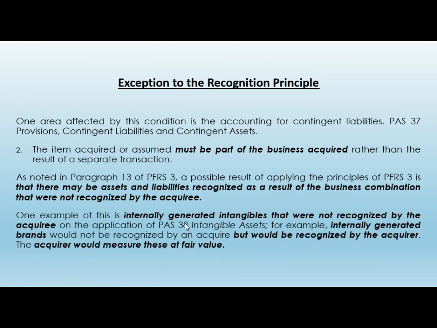Okay, so one example of this is internally generated intangibles that are not recognized by the acquiree, like internally generated brands. But they would be recognized by the acquirer. So the acquirer would measure this at fair value.